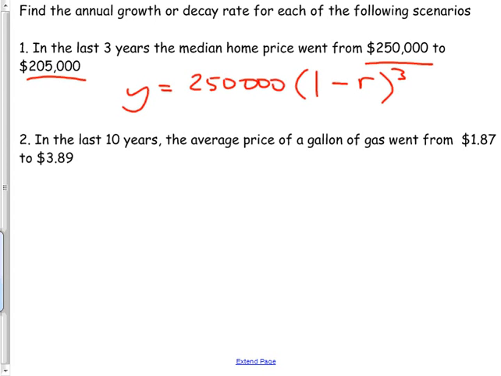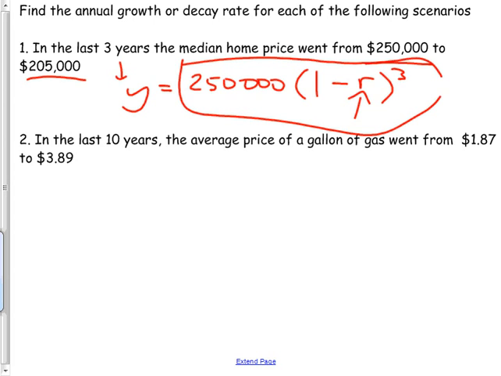There is only one number that I haven't put in here yet, the 205,000. And there's only two choices. It can go where the r is, and that's not the rate. That doesn't make any sense. So you have to put the 205 right there. And it makes sense. When you multiply this all out, it'll tell you how much the value has gone down to. So that's where this should go, 205,000.